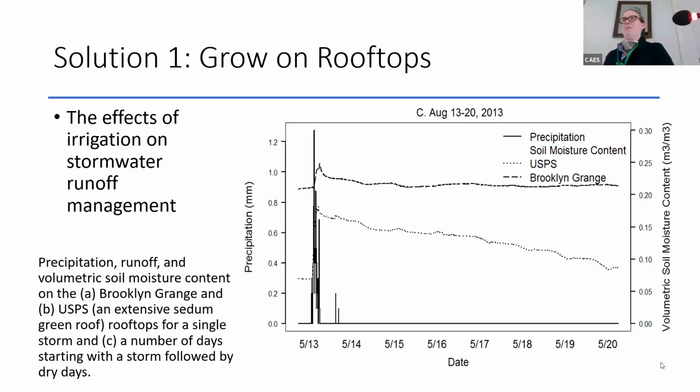Sadly, like many urban farmers, and I'll talk about this in a minute, they didn't keep track very well of what their irrigation practices actually were. But they were regularly irrigating when it wasn't raining out. So that means that on the storm on the 21st, the Brooklyn Grange wasn't going to be able to hold as much water as the ornamental roof that dried out more.